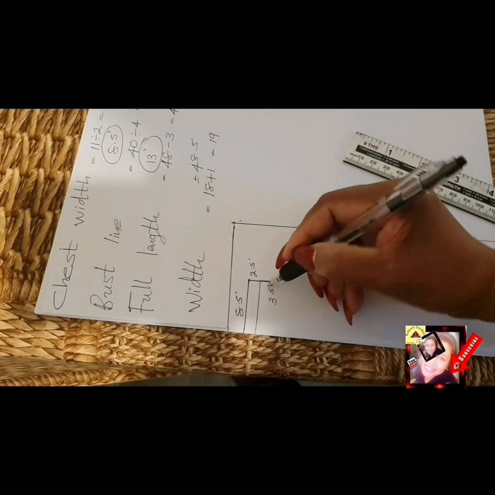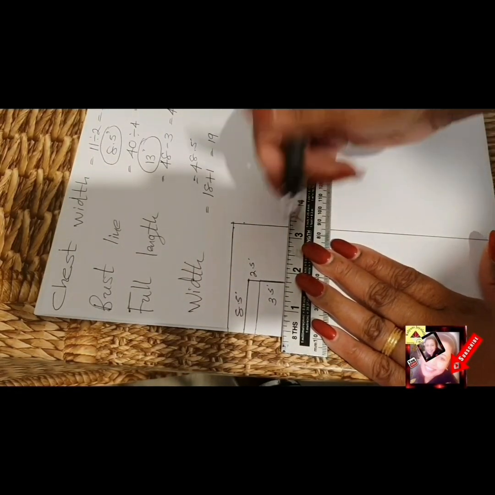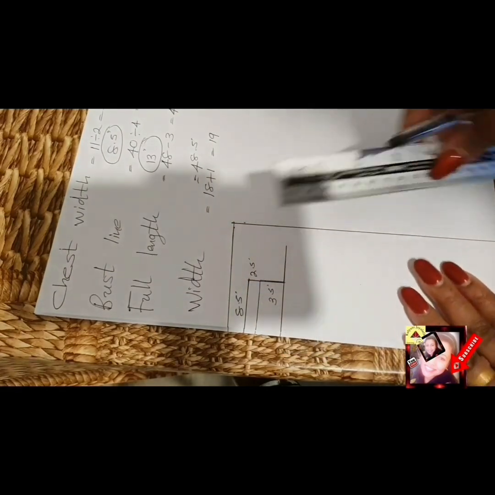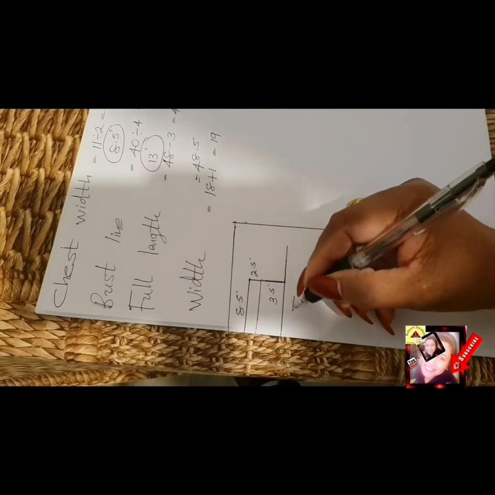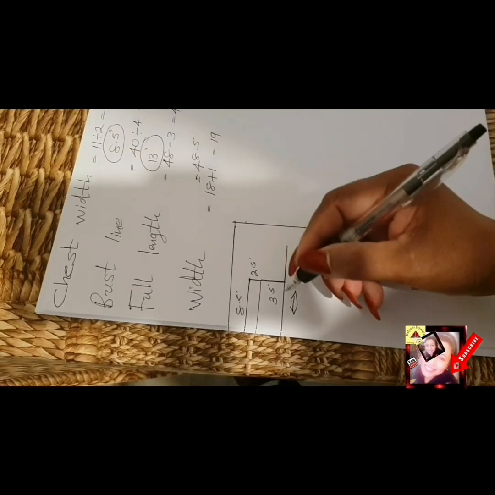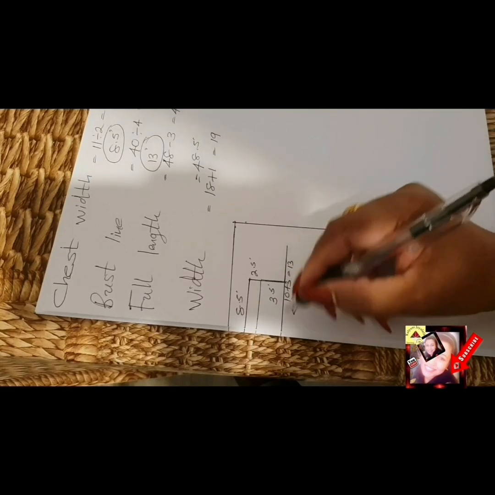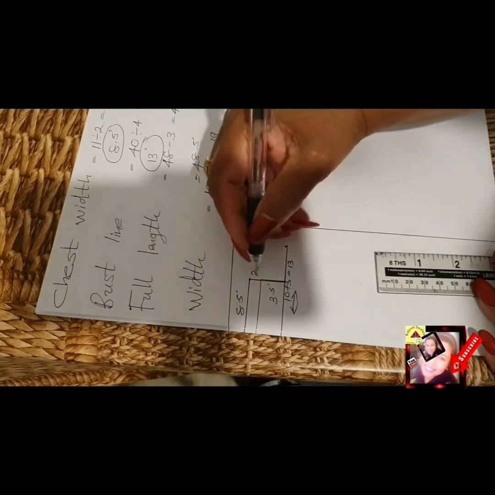From the first line actually I mark 3.5. So now we have to draw a line again. Now we're going to mark our bust line, which is 13 inches. Remember we got 40, then we divide by 4, we add the 3 inches.